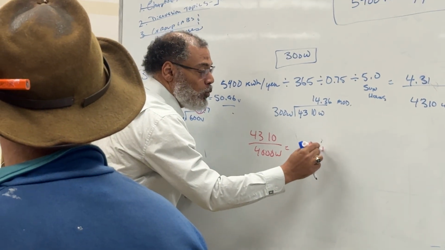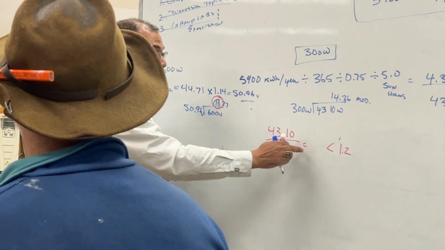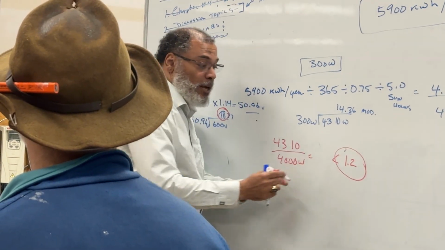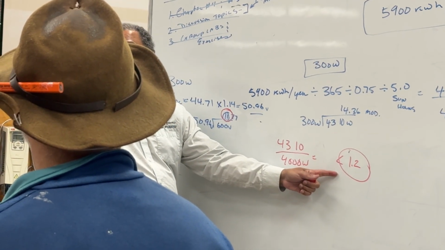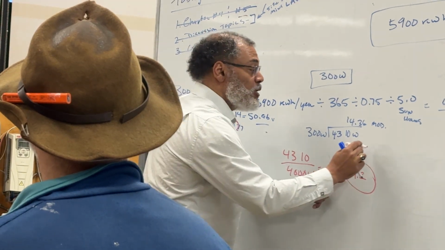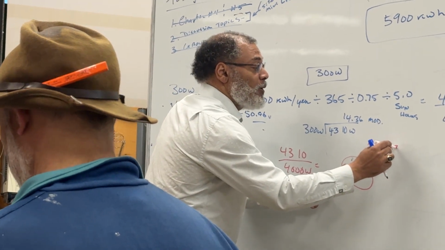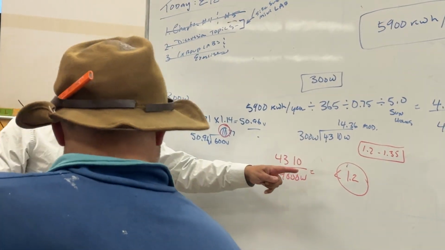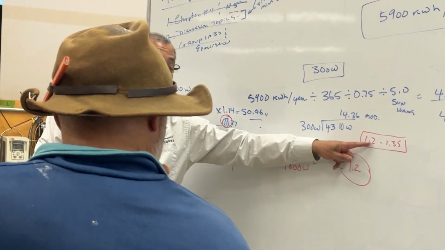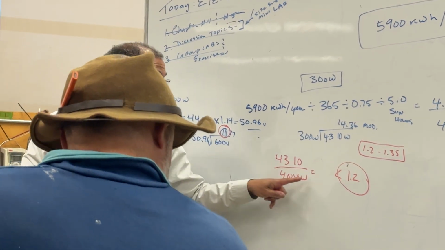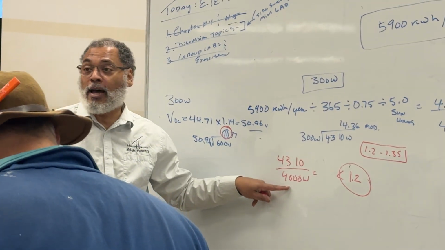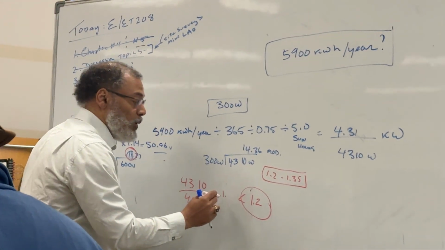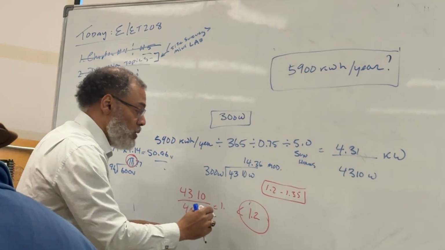If this is less than 1.2, you're okay. So usually the module to inverter ratio is going to be 1.2, and it can range between 1.2 to 1.35. That's just something you should know. So those are good numbers. So 1.2 is okay. So what's 4,300 divided by 4,000?